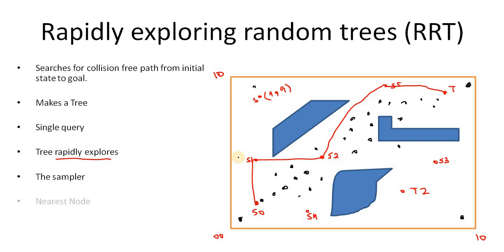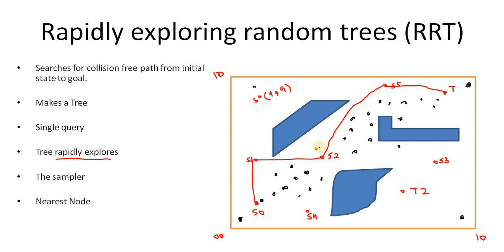Okay, so the next thing is the nearest node. Once you have a sample of your configuration space, as we already discussed in the evaluation function, we now need to find the nearest node. This is the task of the evaluation function, because there are thousands or even more nodes, and now you have to select which one is the nearest node. So how can you do that? You can just measure the distance.